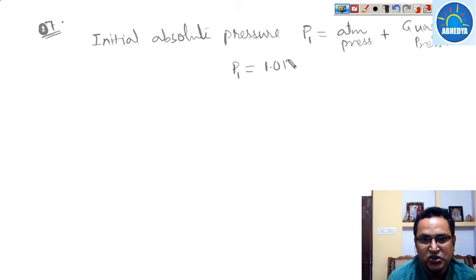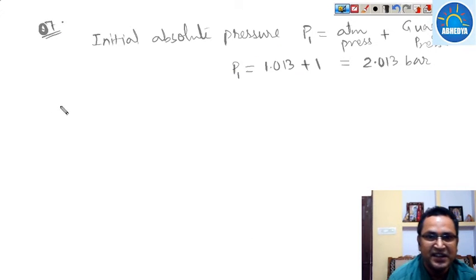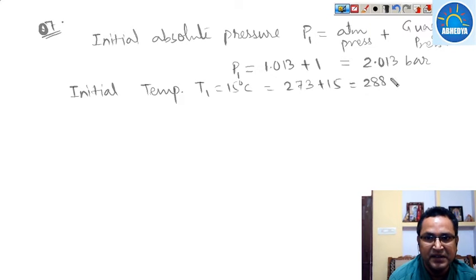I am assuming 1.013, plus the gauge pressure is given as 1 bar. So this comes to be 2.013 bar. So this is the initial absolute pressure, and initial ambient temperature was given as 15 degrees centigrade. So initial temperature T1 is 15 degrees centigrade, that comes to be 273 plus 15, that is 288 Kelvin.